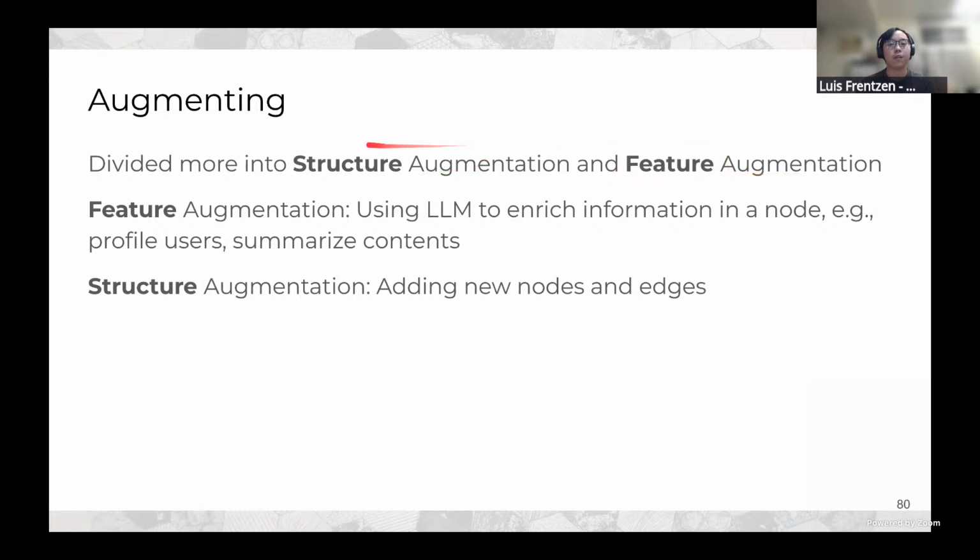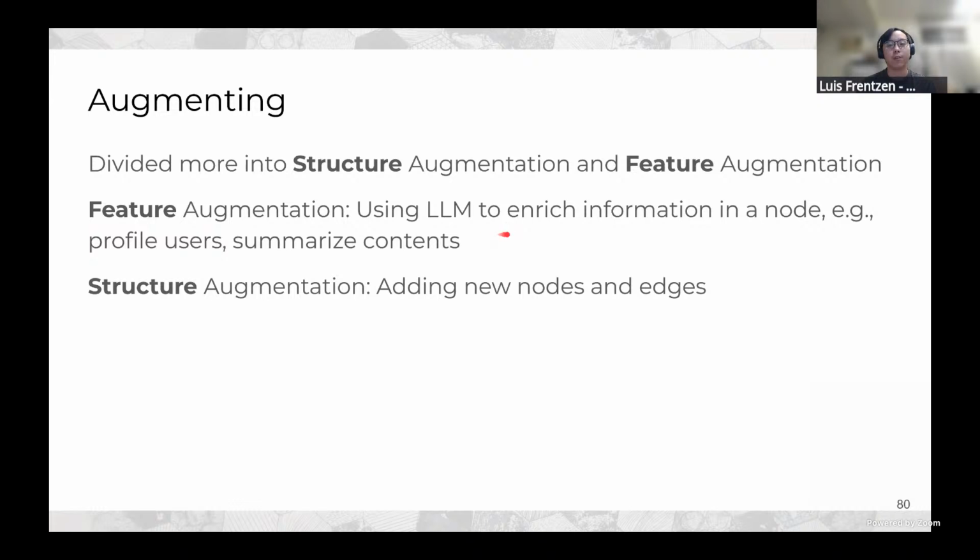Of course, the purpose of augmenting is that we want our models to have more information so that they could generate more accurate predictions. But what you want to augment depends on what you are trying to achieve in your model. For example, in feature augmentation, they can use an LLM to enrich information of the nodes.